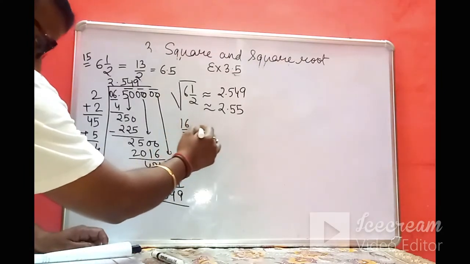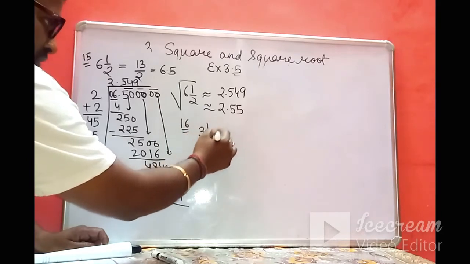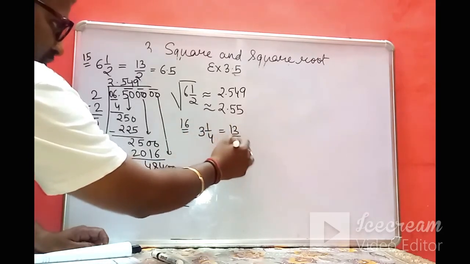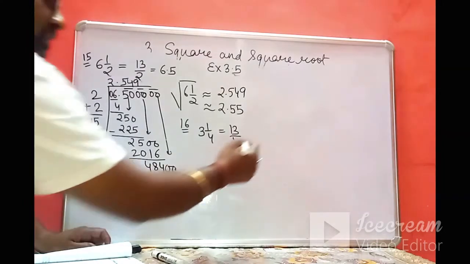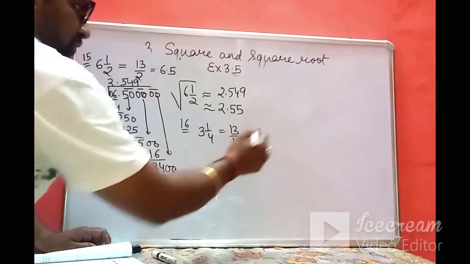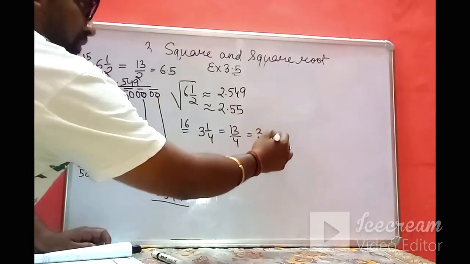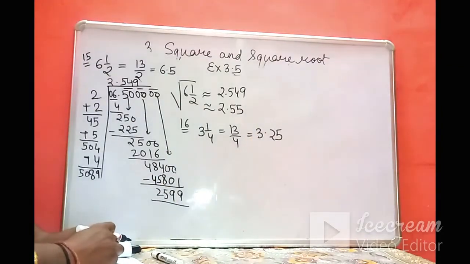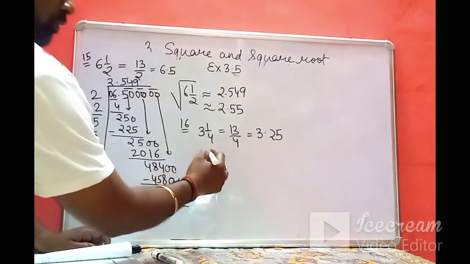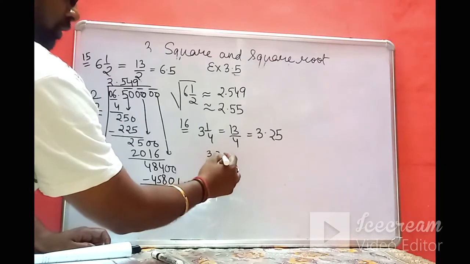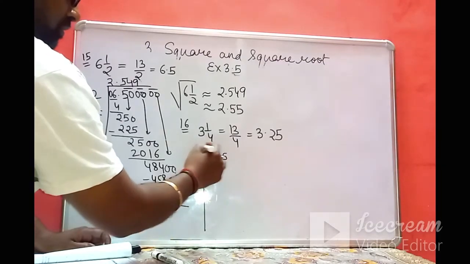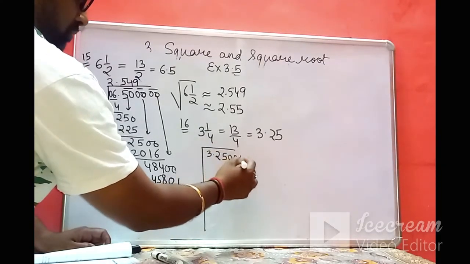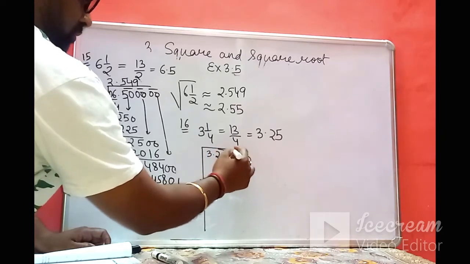Then if it is 3 1/4, so it is 13 by 4. Then that is 3, 4 into 3, 12. Okay, 3.25. So here I am going to calculate the square root of 3.25. 1, 2, 3 pairs.